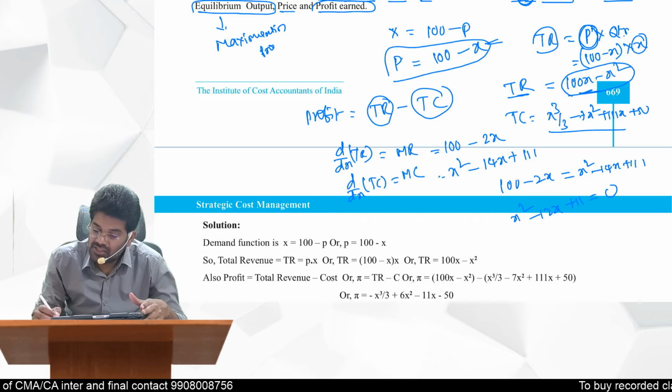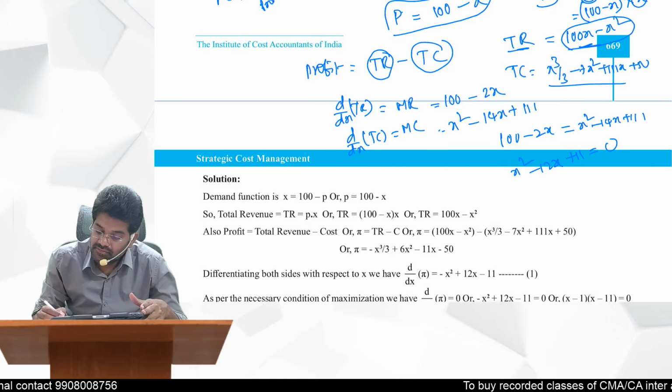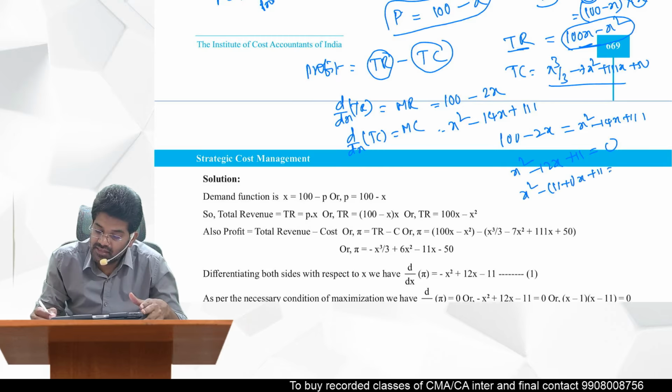So x square minus 12x plus 11 is equal to 0. Okay, so how can I write this? x square minus 11 plus 1 x, can I write like this, plus 11 is equal to 0.